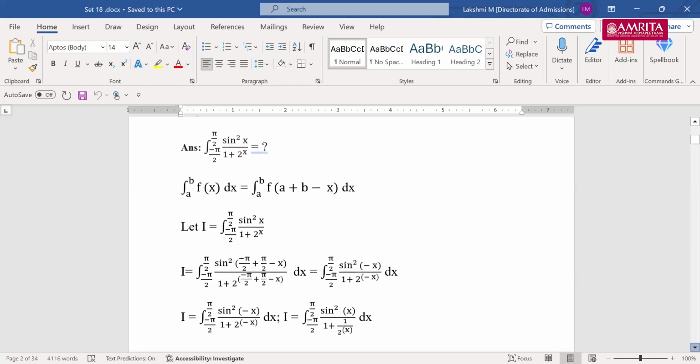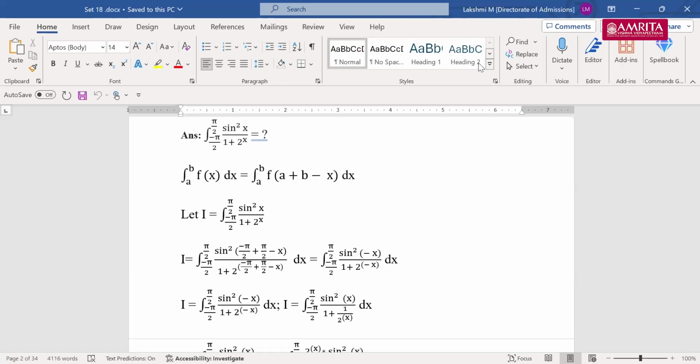Okay. So yes, somebody has typed this formula itself in the beginning of the question. So yes, how we are going to solve this question is we have to identify which form it is. Integral a to b f of x dx is the form. So what is it? Integral of a to b f of a plus b minus x dx. So what I have to do? Here it is minus pi by 2 plus pi by 2 minus x.